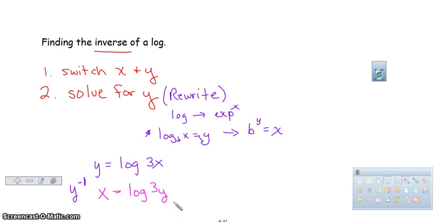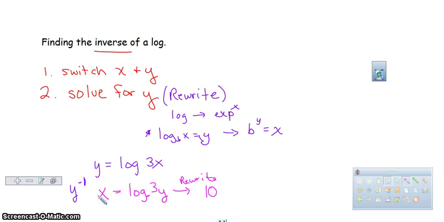Now, we need to solve for y right here. But in order to do that, I have to rewrite it into exponential form. So here's my rewrite. My base, it doesn't say the base, so we assume it's 10. We talked about that too, the common log. If it doesn't say, the base is 10.